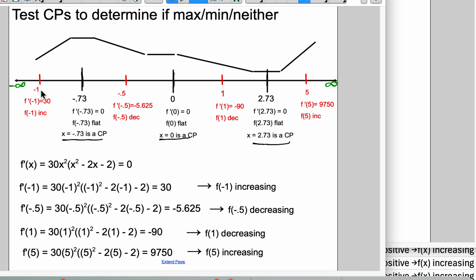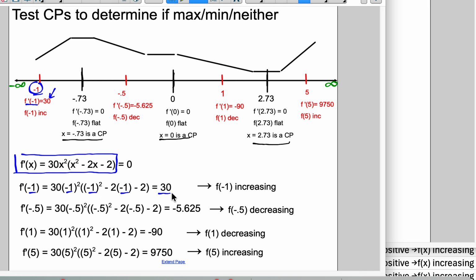So I'm going to take some test points. My first test point I'm just going to take x equals negative 1. And so what I want to see is what's happening with the derivative when x is negative 1. Here's my derivative formula right here. I'm going to put in negative 1 everywhere I see x.